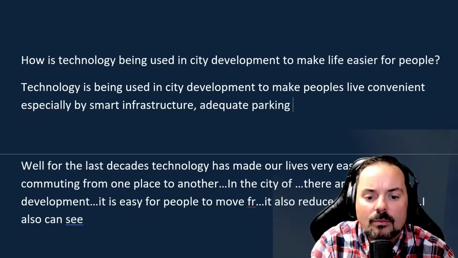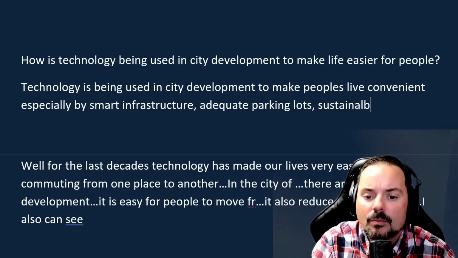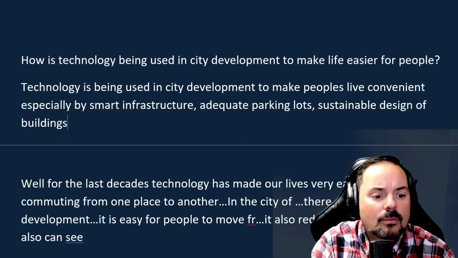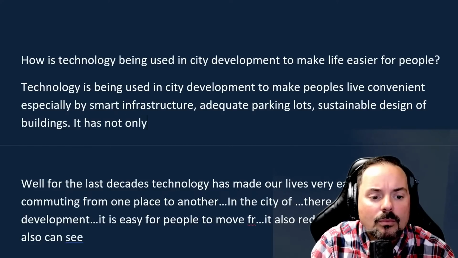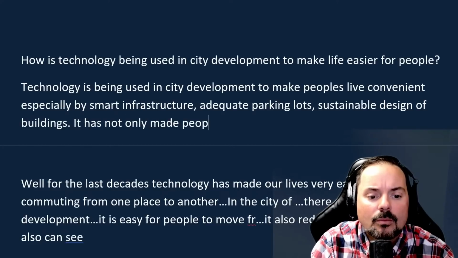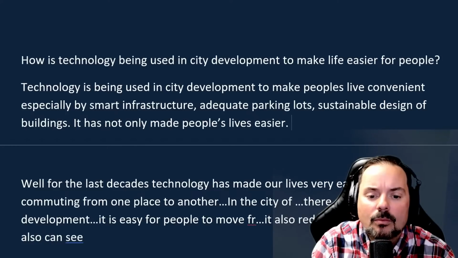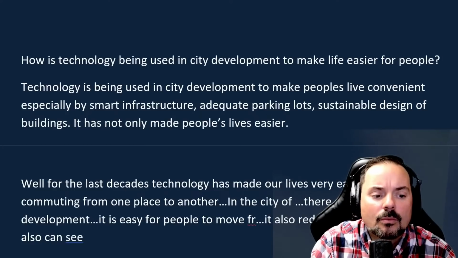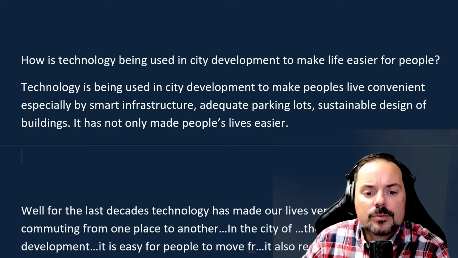It has made life of people not only safer, but also easier, and the technology will develop more, and there will be even better forms of these amenities as well as other aspects of life in the future.